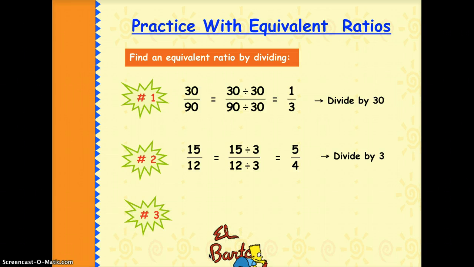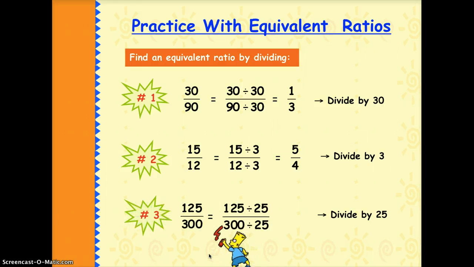Third example, 125 over 300, or 125:300. If you divide both numbers by 25, you will have 5:12. So this is quite similar to reducing your fraction into lowest term. And we can also call this the simplest form of your ratio or fraction.